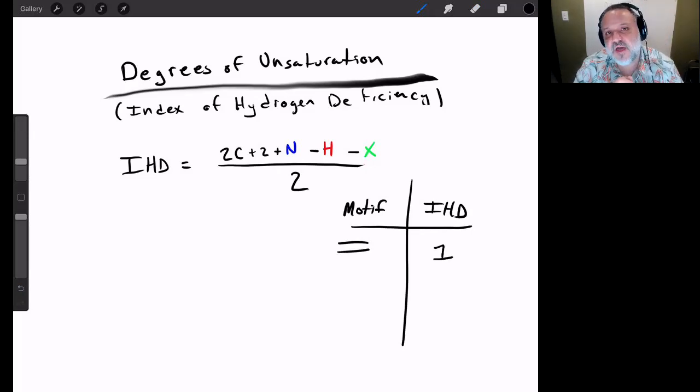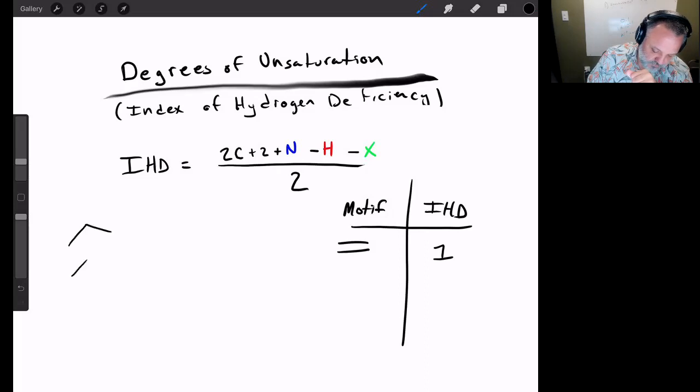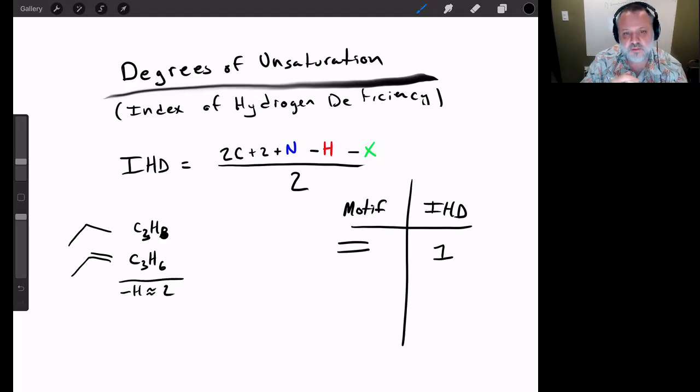The IHD value will actually be 1. But what we're saying with an IHD value of 1 is that we're missing 2 hydrogens. And so it is true that between this C3H8 and this C3H6, the difference in the number of hydrogens is equal to 2.